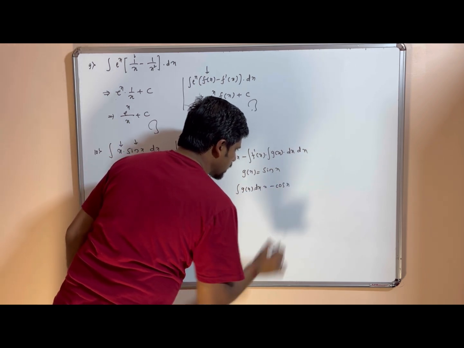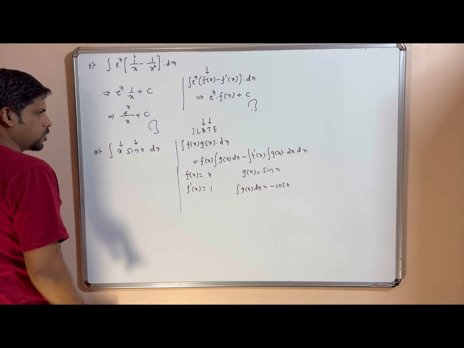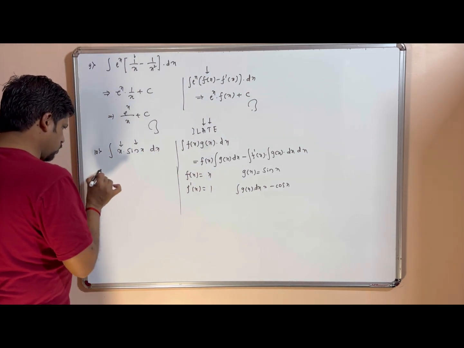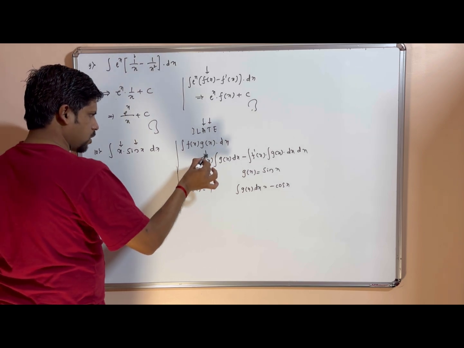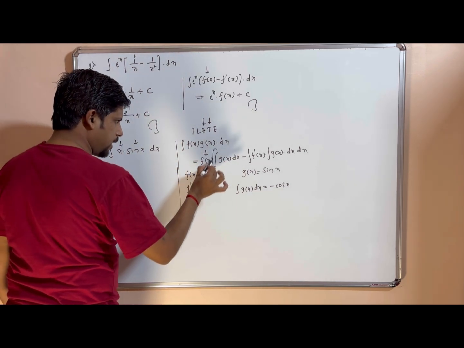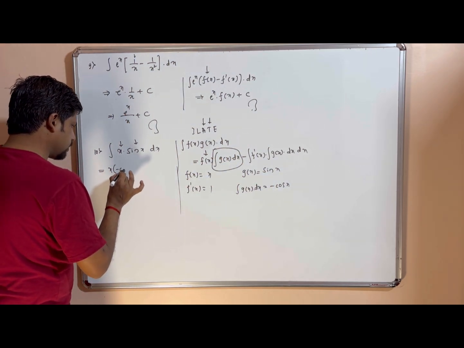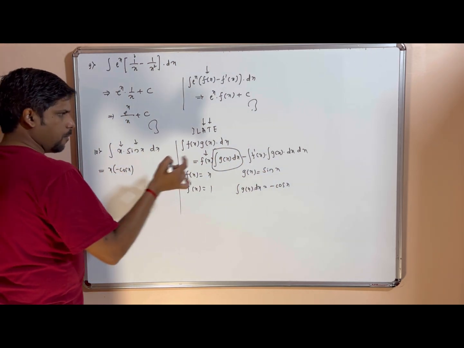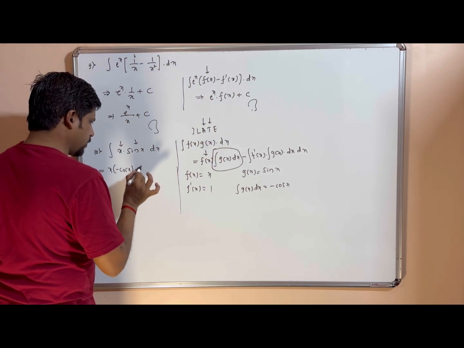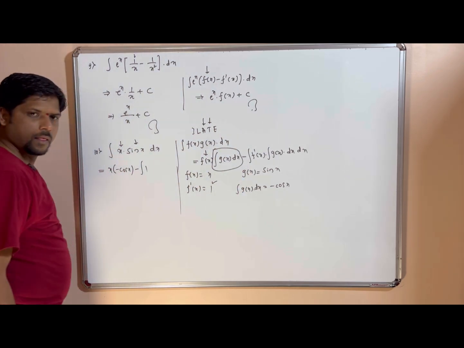Minus cos x, right? So here we are going to substitute this. See here, in place of f of x we have x, integration of g of x into dx is minus cos x, minus integration of f dash of x is 1, right?